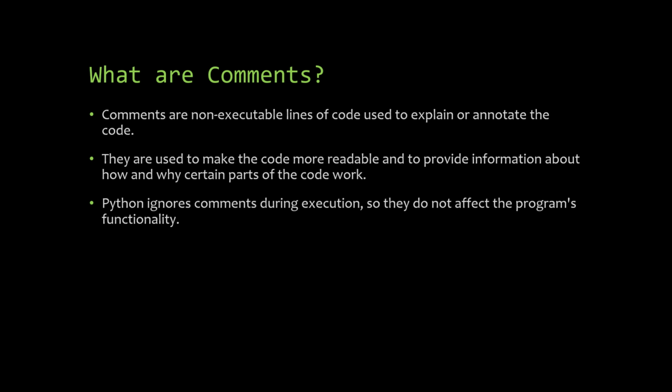So we're writing instructions for a computer. But whenever you move into the software development world, you're not always going to write your code by yourself. So you're going to want to put comments in there to explain what you did and why you did it, because later on somebody else might have to come in and make adjustments to it.